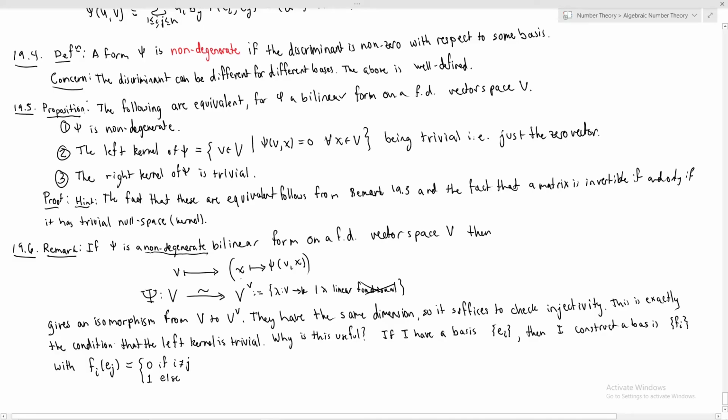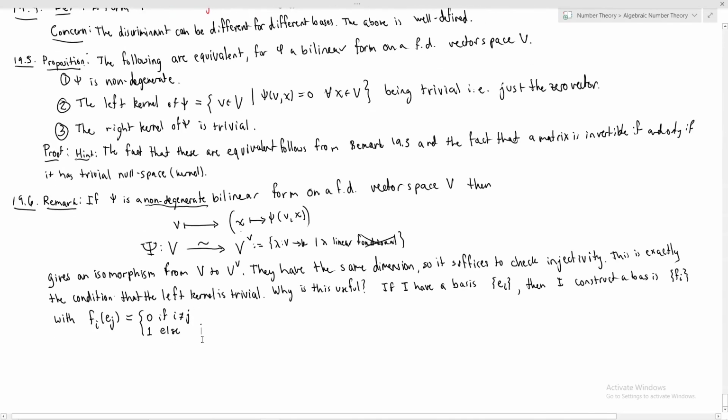So it's essentially the indicator function on whether the index of the basis vector I plug in matches the index of my linear functional. One way to think about this is that these f_i's just pick out the ith coordinate. If you're thinking of V as k^n, this just picks out the ith coordinate of your vector. That's a linear functional, and this is the dual basis for the e_j.